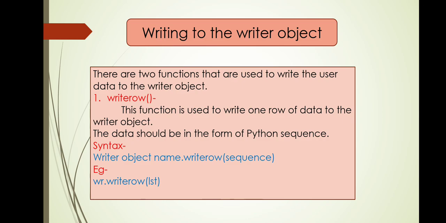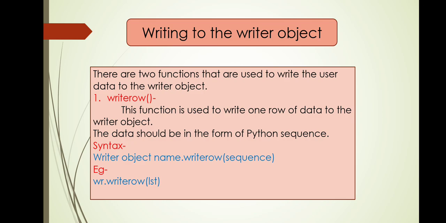One is the writerow function and another is the writerows function. These two functions are used to write onto the writer object. The writerow function is used to write one row of data to the writer object, or you can say one record. This record is in the form of a Python sequence like a list or tuple.